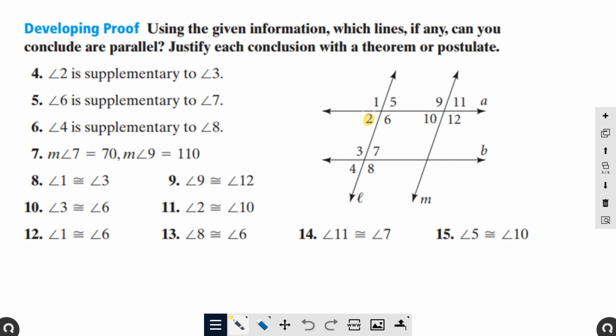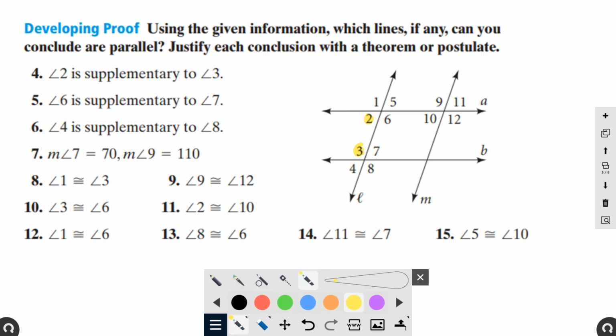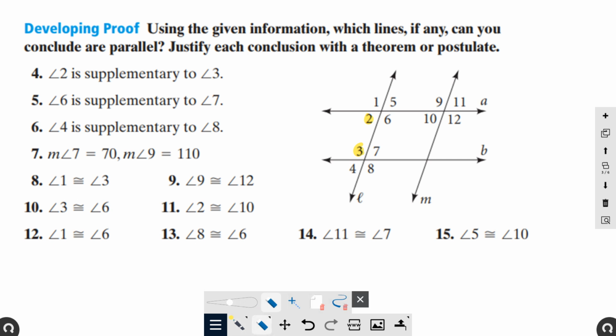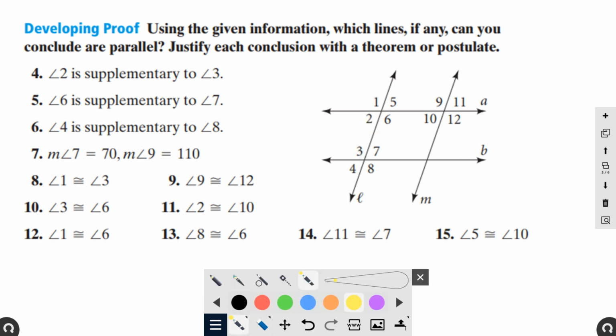It says angle 2 is supplementary to angle 3. Now remember, if supplementary, the only choice we have is what type of angles? Same side interior. Are these two angles same side interior angles? Yes, they are. So can we prove that lines are parallel? Yes, we can.